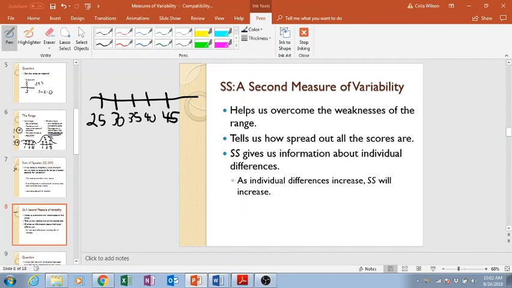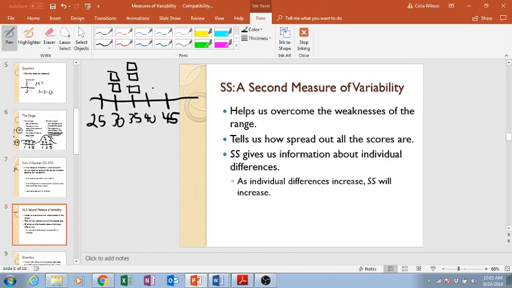I'm using one of these touchpads, but the bad thing is if you rest your hand on it like you might a sheet of paper, it starts to mess with everything else. So I'm kind of having to hold my hand up while I write, so I apologize. What if I started with a distribution that looks like this? I have some squares. These are supposed to be squares. I have two 30s, three 35s, and two 40s.